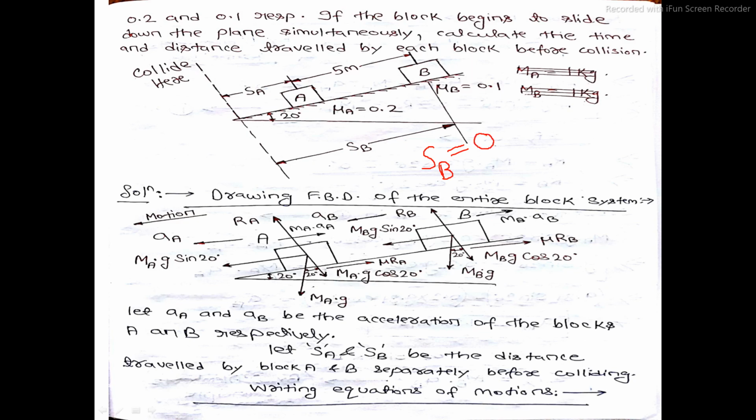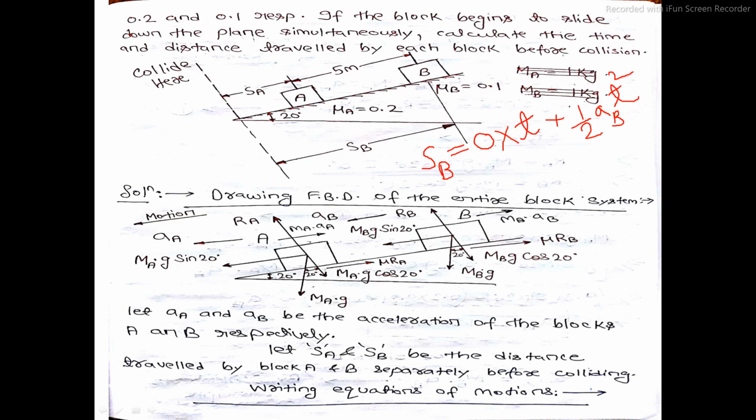So SB is equal to U into T, T being the time taken by block B to reach the colliding point, plus half AT square. Half into acceleration of block B, AB, into T square.